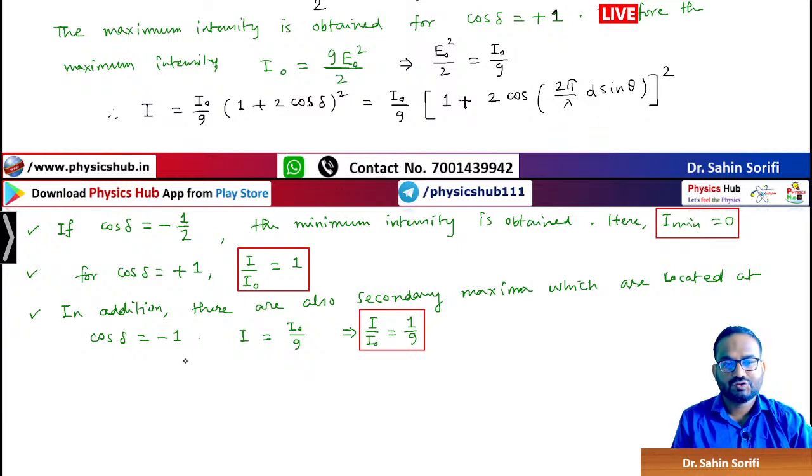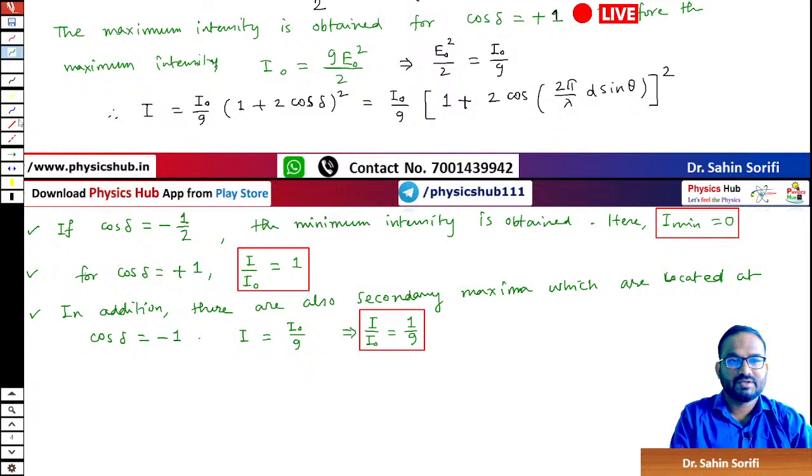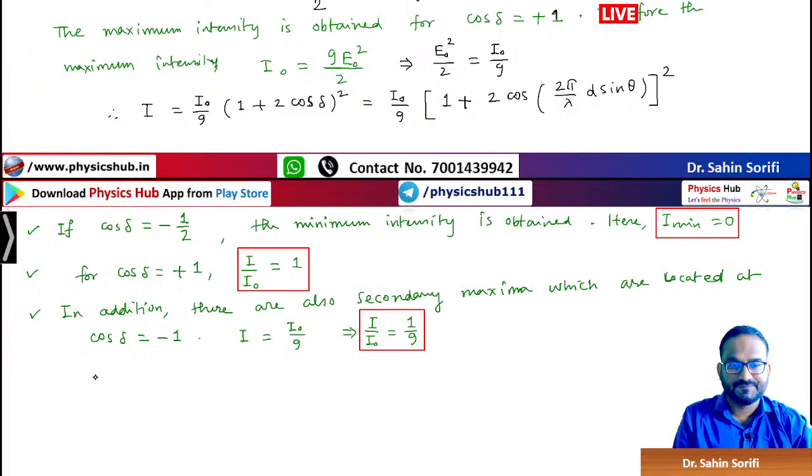If I particularly talk about the condition cos delta equal to -1, this condition implies that delta is equal to how much? 2m plus 1 into pi. What is the primary and secondary maxima? Primary maxima means the maxima will be of large intensity. Secondary maxima will be 1 by 9th of the primary maxima.